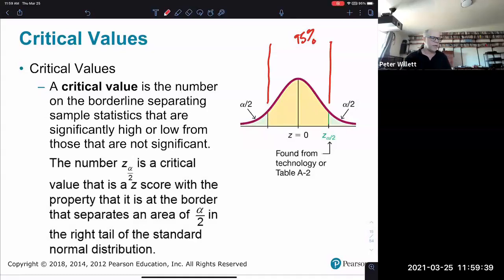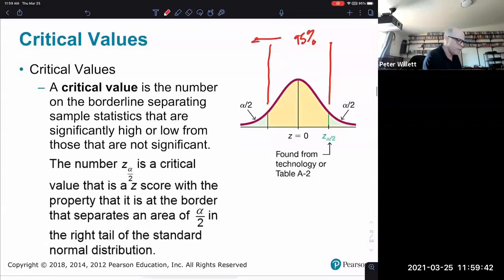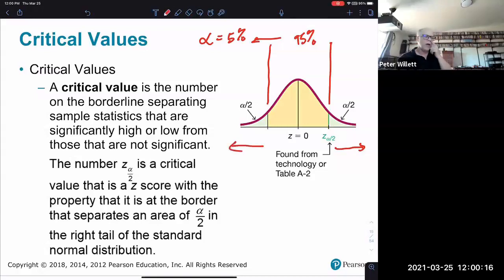And if 95% is my confidence interval, that would mean that alpha is equal to 5%. But what that means is that the ways that you can be wrong are split into two areas. You can be wrong by having your interval be too low to capture a true value, and the true value is to the right of your 95% interval. Or you can be wrong because your interval was too high and the true value was below your 95% interval.